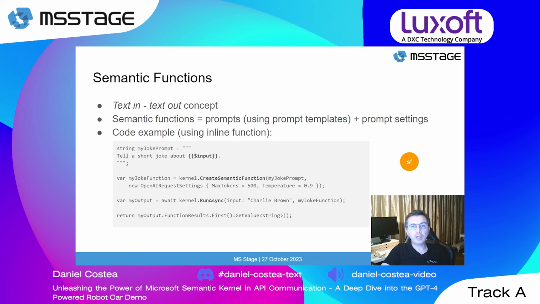You provide an input prompt containing text, the text in, and the model generates a text completion, the text out. As we can see in the code sample, semantic functions are essentially prompts that are sent to an AI service, along with additional settings that the AI service requires.